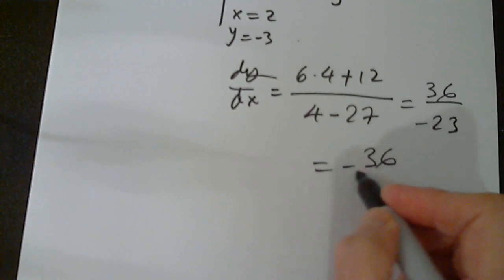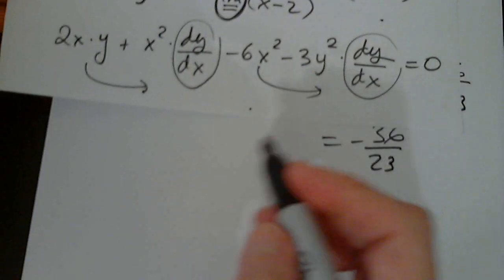So negative 36 over 23. Ugly number, but that's what it is.